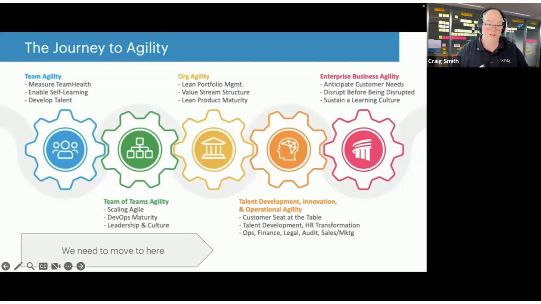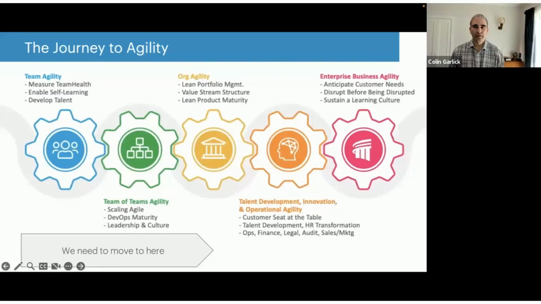We've been doing technology agility or team agility. Whilst that's made us better at delivering value, we don't see the true value from agility until we start to bring it across the entire organization. And then we need to start seriously looking at outcome and impact, don't we? Correct.